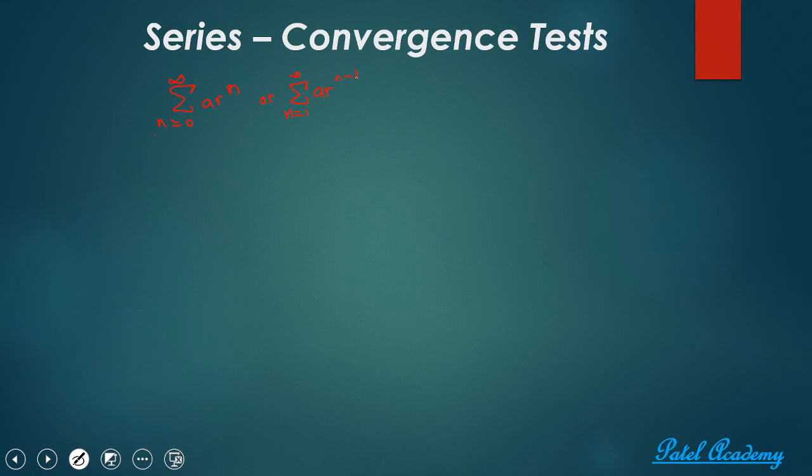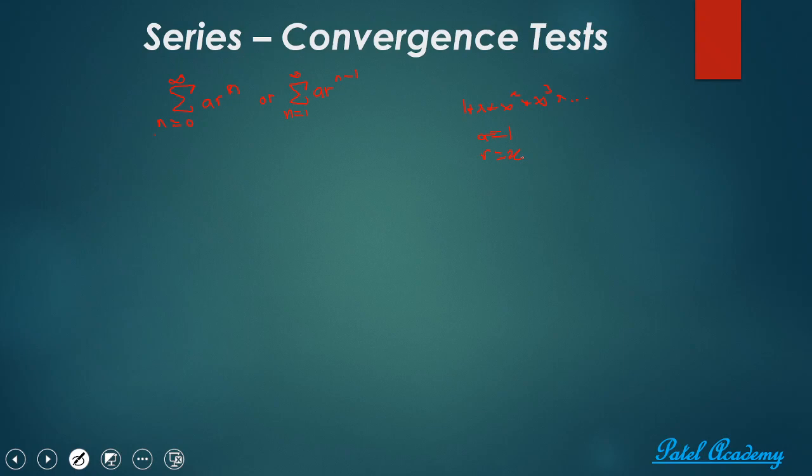And so, an example of this, one of the most common ones, is 1 plus x plus x squared plus x cubed, dot dot dot. And so what this means is that our a value is equal to 1, our r is equal to x, and as you can see, x is at the power of 0 on the first term, then 1, then 2, then 3, dot dot dot. And so now we talk about the actual test.